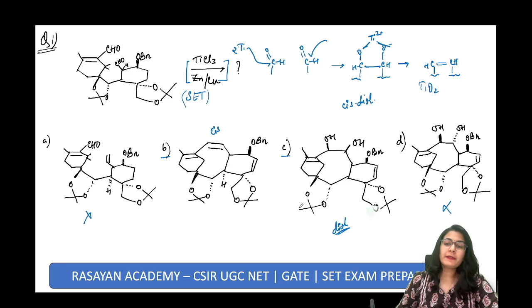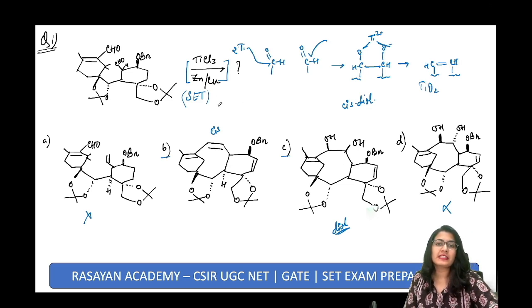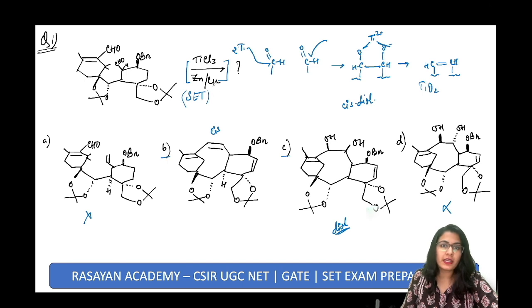So guys, here the temperature is not mentioned, but still whenever you are doing the McMurry coupling, when you realize that titanium is present, it will not end up with the diol. It is going to take away the oxygen in the form of TiO2, and it is going to give you option number B as the correct answer.